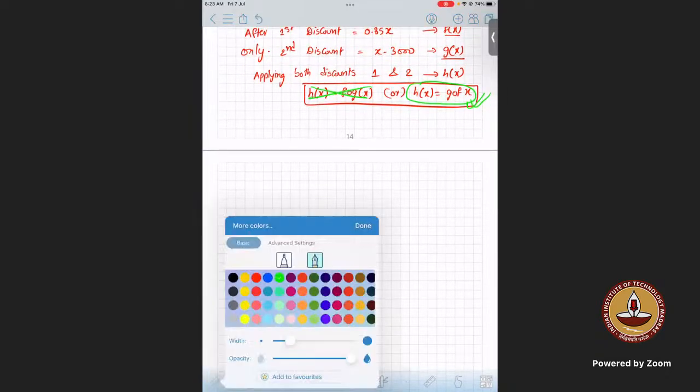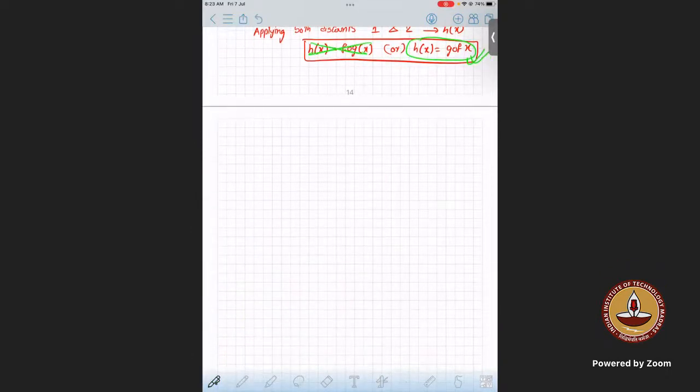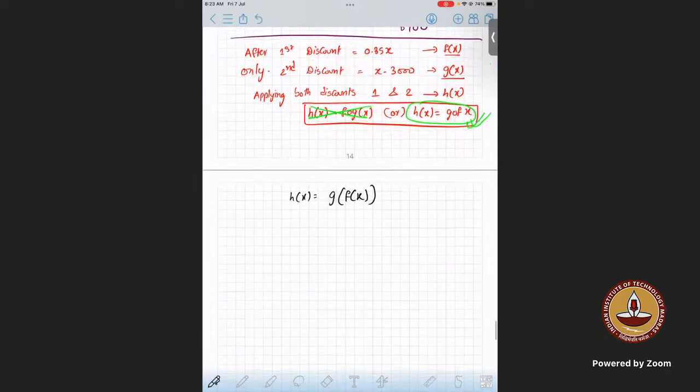Listen carefully. h of x is equal to g of f of x. Look, this is the first discount. You have to put the first discount inside the second discount. Are you getting the point? Inside out.